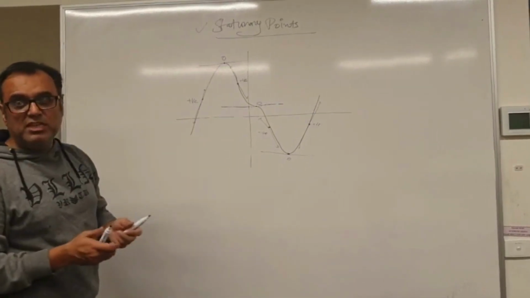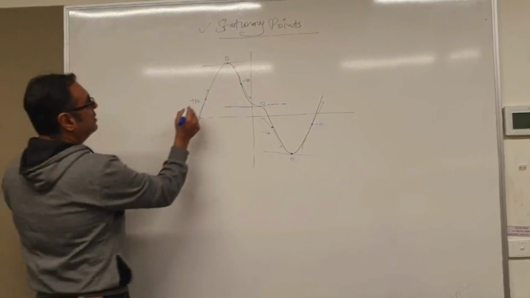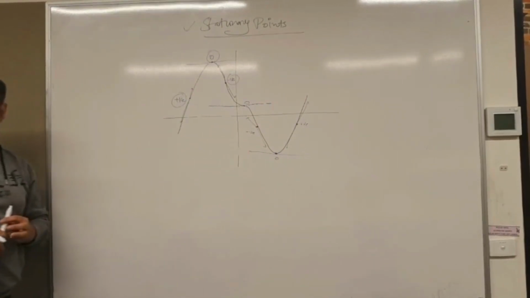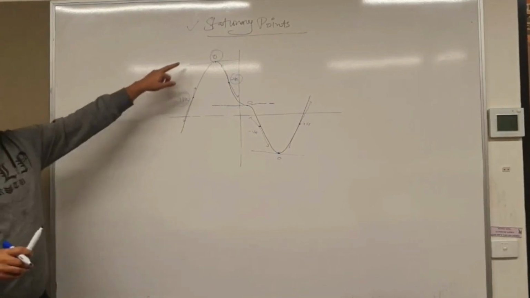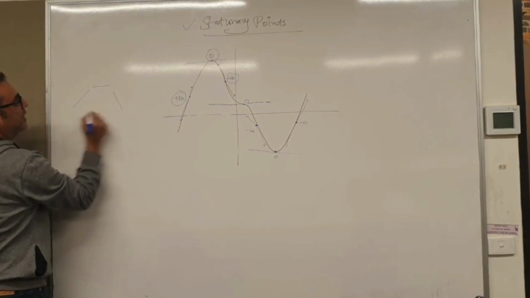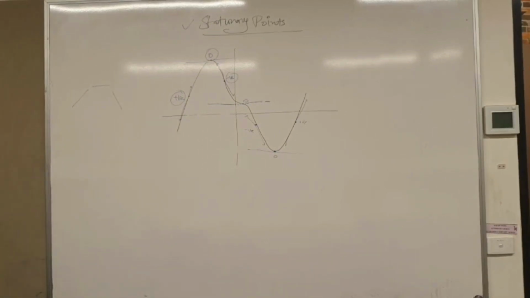These points, now just see a pattern quickly. Positive, 0, negative. It changed the sign. Positive, 0, negative.